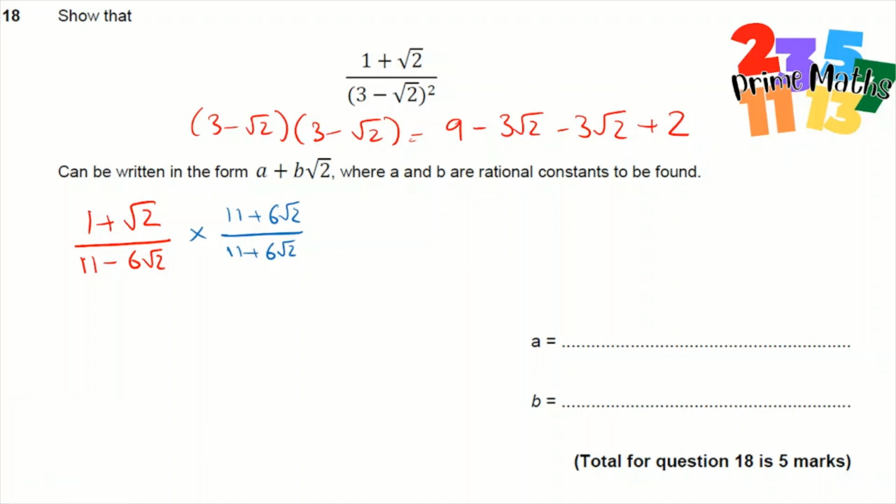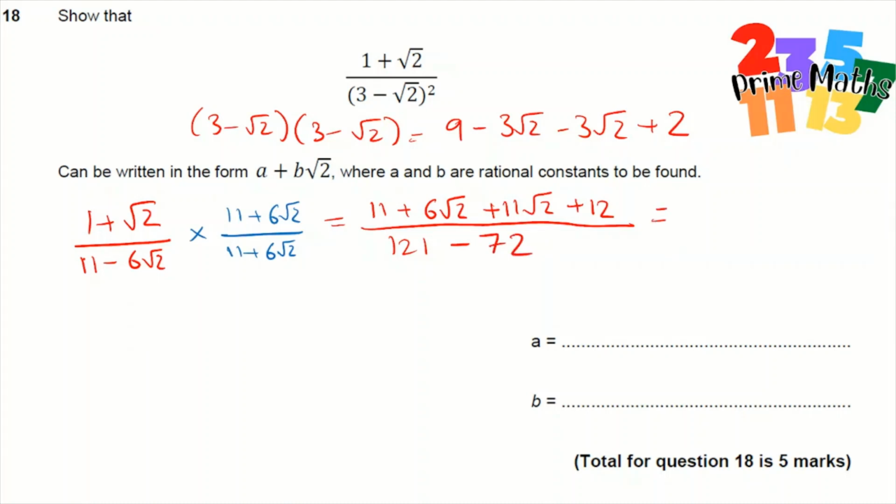Again, this is 2 sets of double brackets, so 1 11 is 11, 1 and 6 root 2 is 6 root 2, 11 and root 2 is 11 root 2, and root 2 times 6 root 2 is 12. Along the bottom, we know that the middle terms will cancel out, so 11 11s is 121, and 6 root 2 and 6 root 2 gives me minus 72.